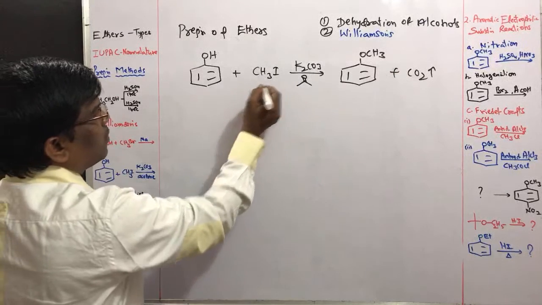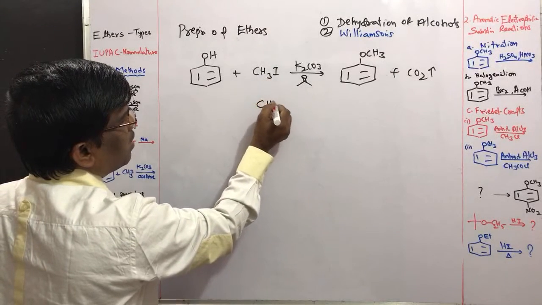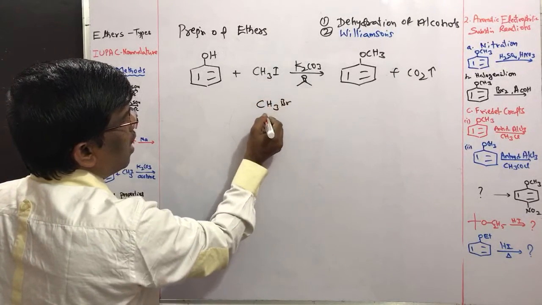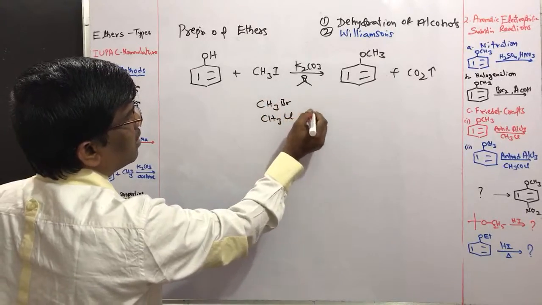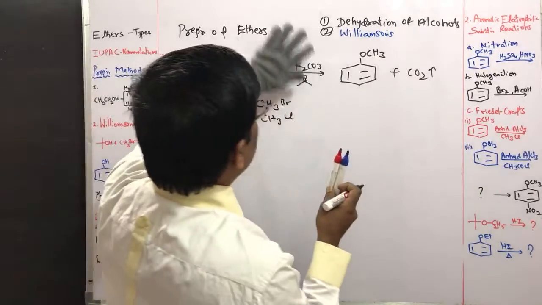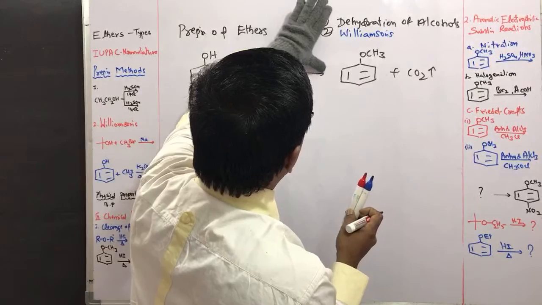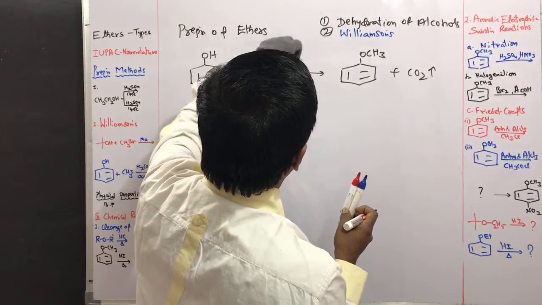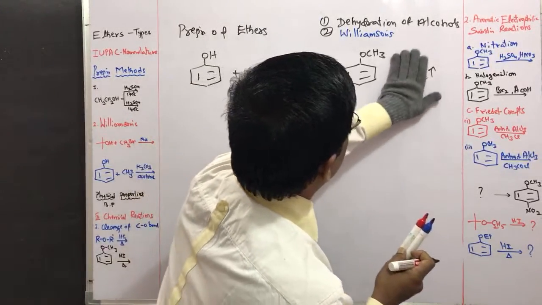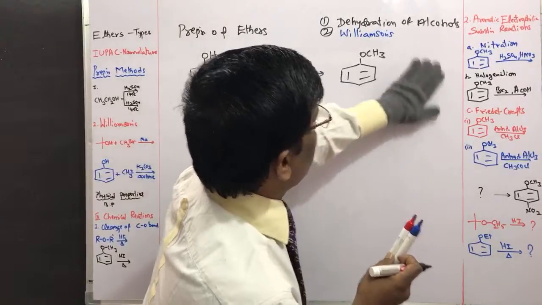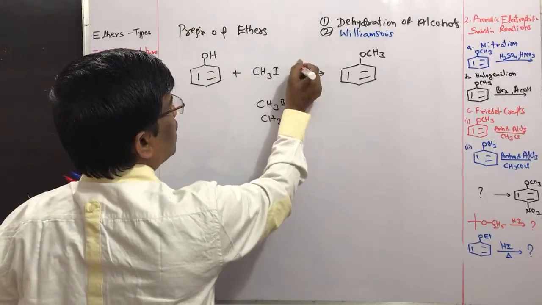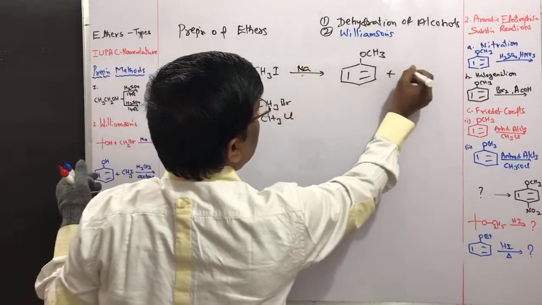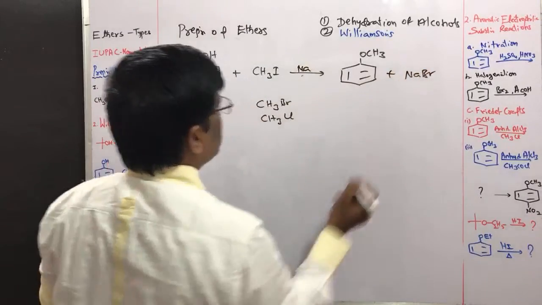The mechanism, or I can use methyl bromide or methyl chloride. So here the common usual method I can use is sodium. Let me use the same sodium, I don't want to confuse you. Sodium, here sodium bromide is going out.